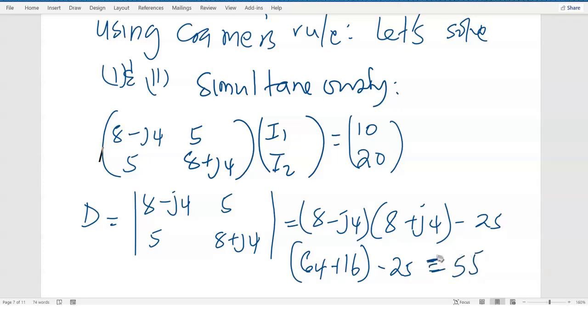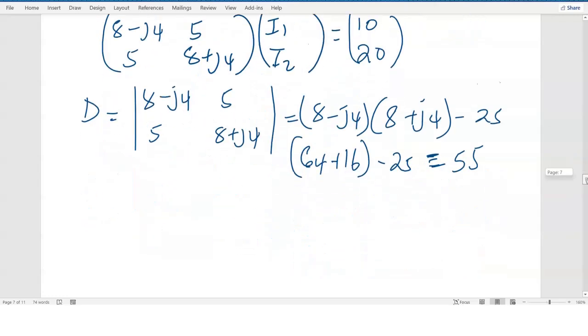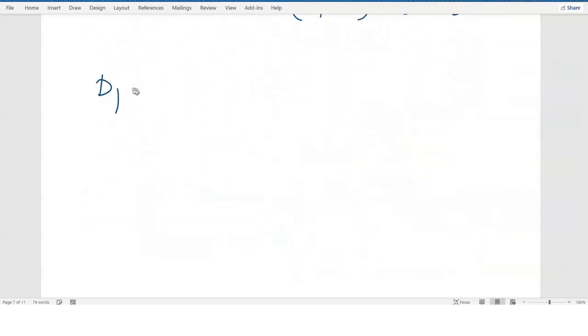If this is 55, we are going to proceed and look for D1. So D1 is a determinant of a matrix in which the coefficients of I1 have been removed and replaced with the outputs. So I will have D1, which is 10, 20 with the 5 and 8 plus j4.